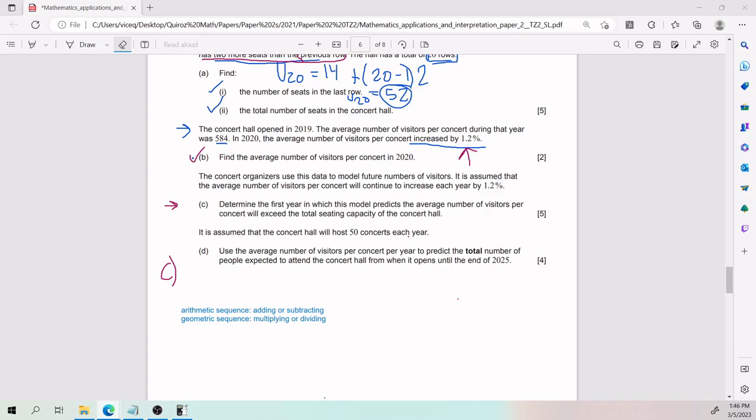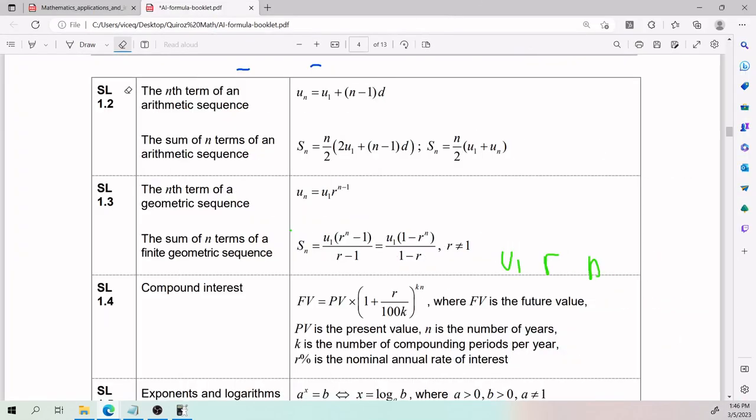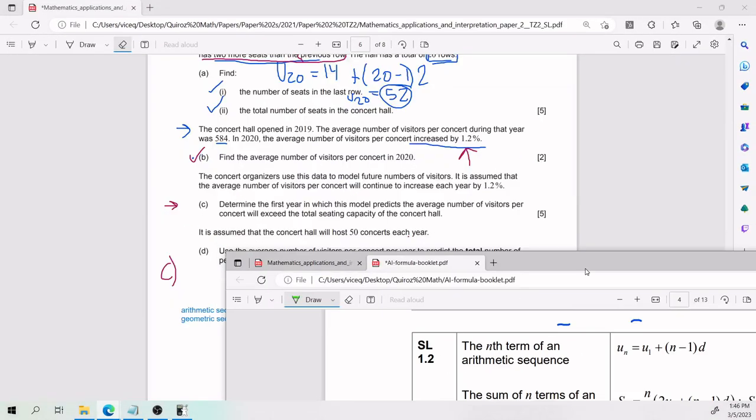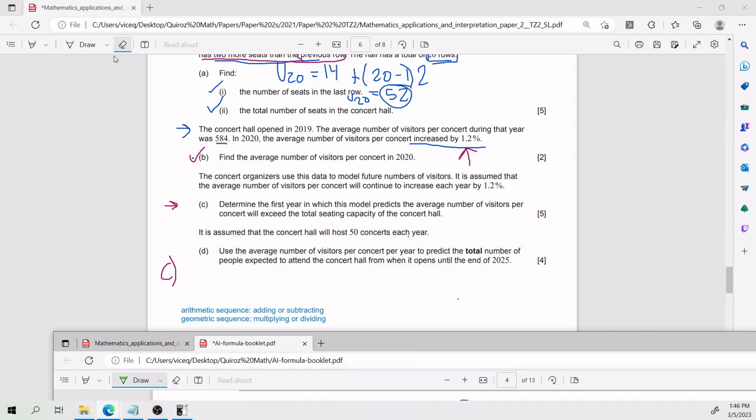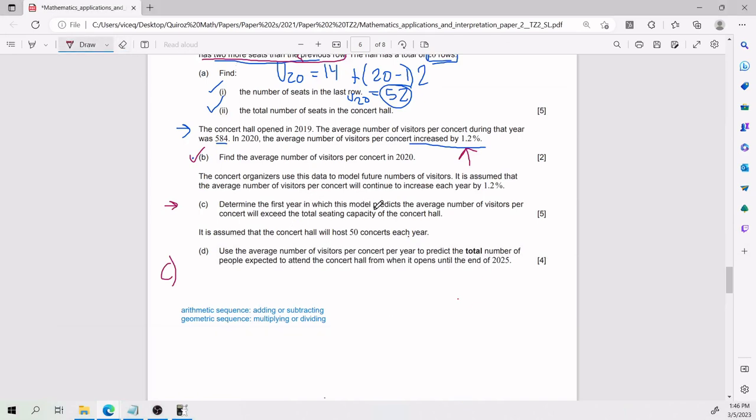So once we identify that, we pull up our formula booklet and ask it, yo, how can you help me out? In this case, it is asking for the first year in which this model predicts the average number of visitors per concert will exceed the total seating capacity of the concert hall.